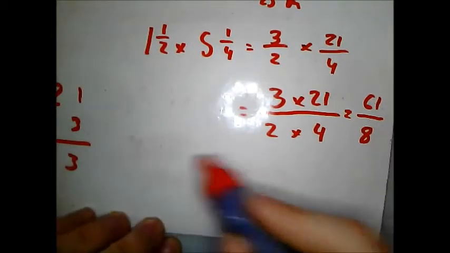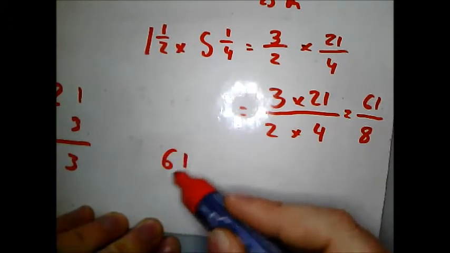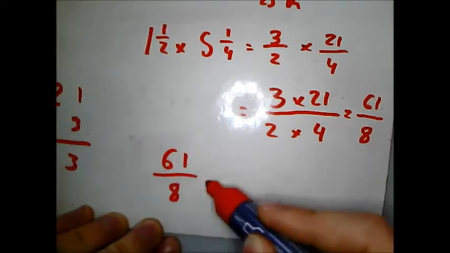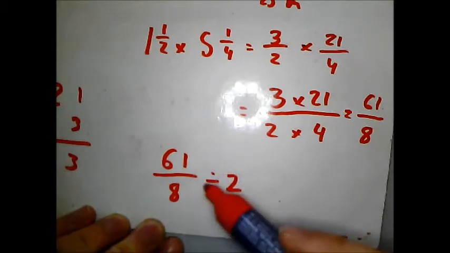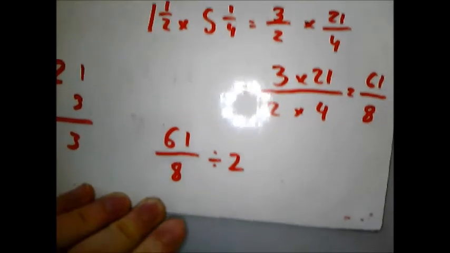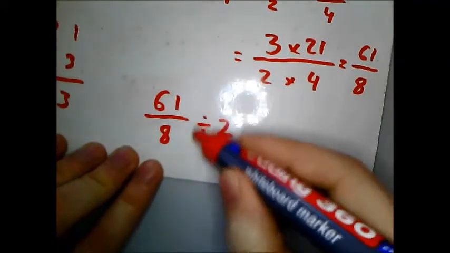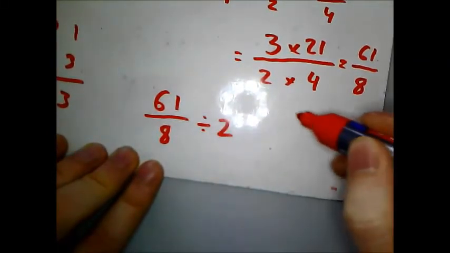Now I've got to remember that I need to divide this by 2. So 63/8 divided by 2. Now, just like when you divide a fraction, you multiply by the reciprocal, you can do that the other way around as well. So I can actually now multiply by the reciprocal.